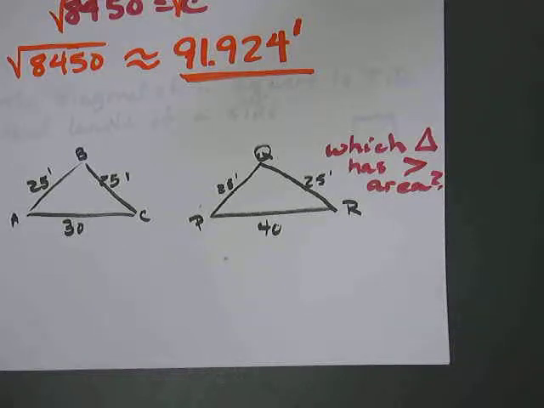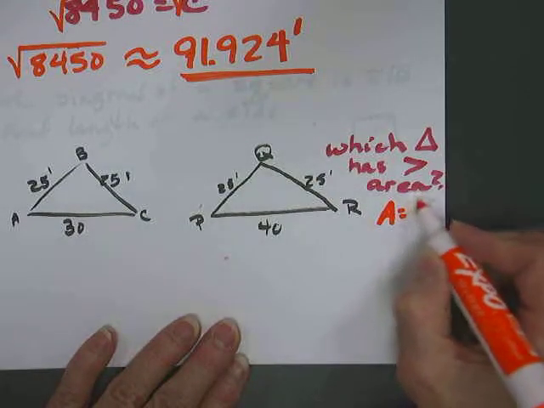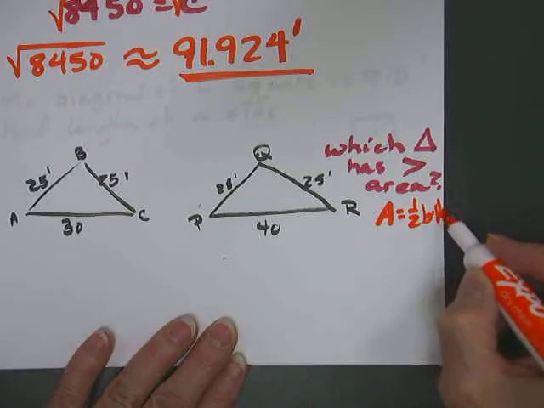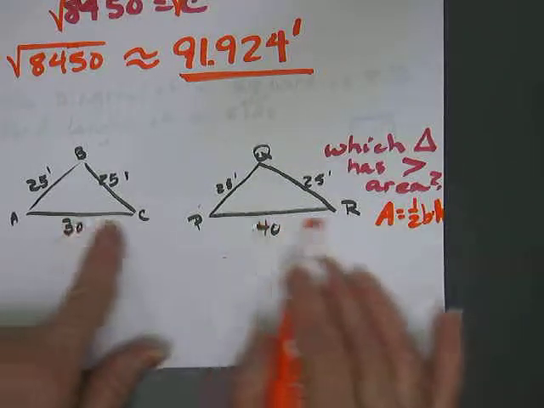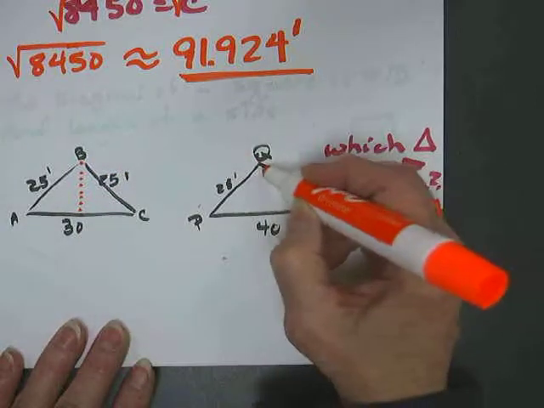Okay. Here we have a couple triangles that asks which one has the biggest area. Well, we could figure out the area of a triangle if we knew, let's see, the area of a triangle is 1/2 base times height. What do we not have?